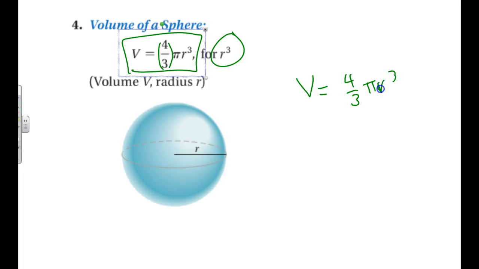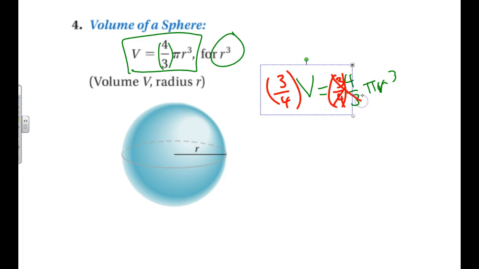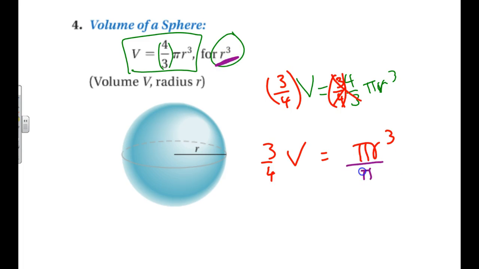So in this problem, I would encourage you to multiply both sides by 3/4, because what that does is cancel everything over here, leaving just pi r cubed, and I get 3/4 times the volume. So to solve for r cubed, all I have to do is divide through by pi.